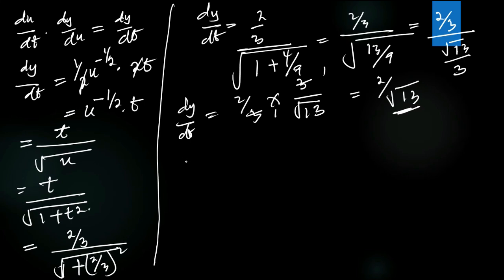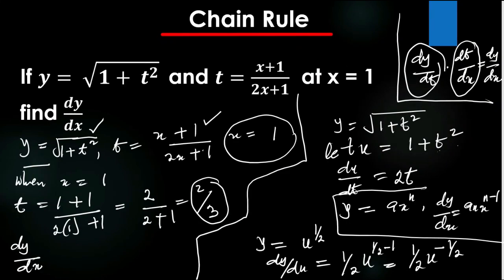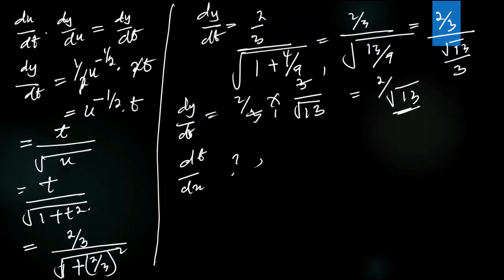Now what is the value of my dt dx? Let's get into work. Again, you know that t is equal to x plus 1 over 2x plus 1. If you look at this carefully, you see that this is division.